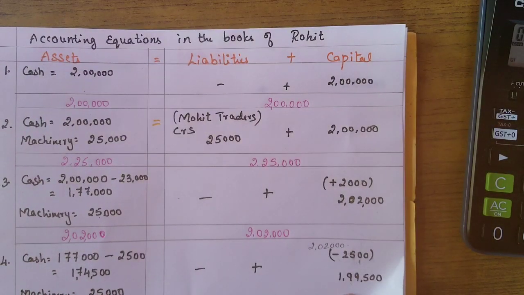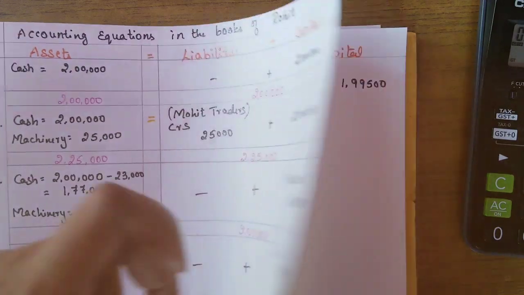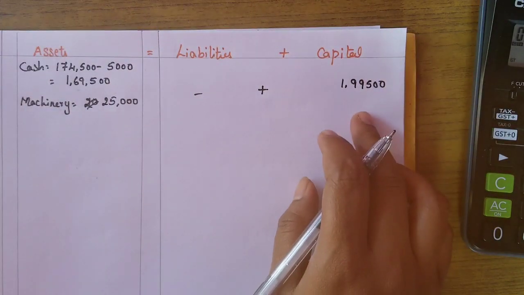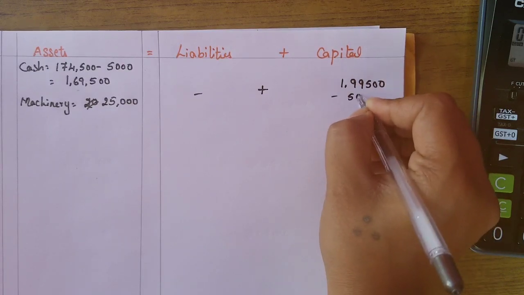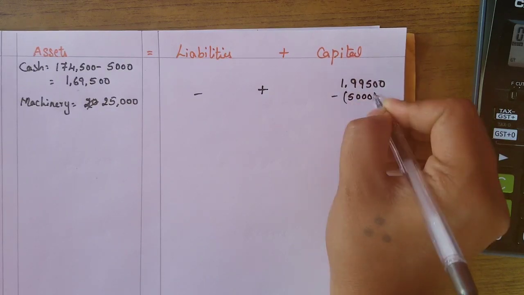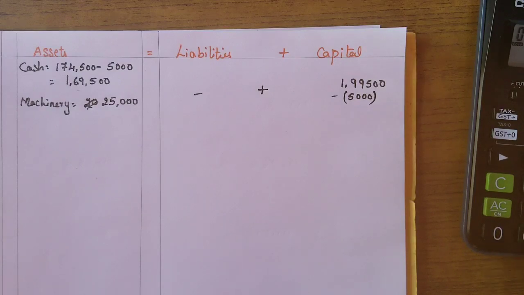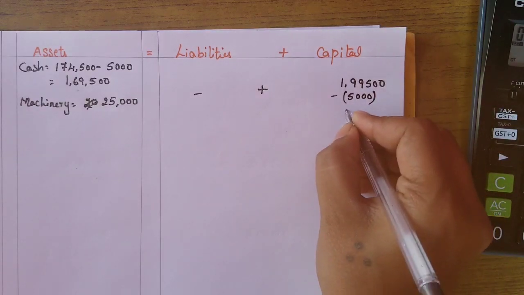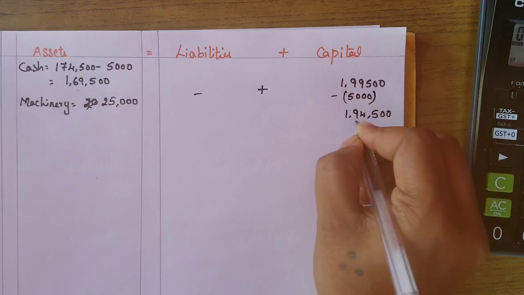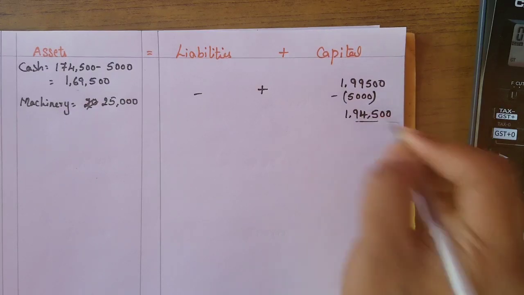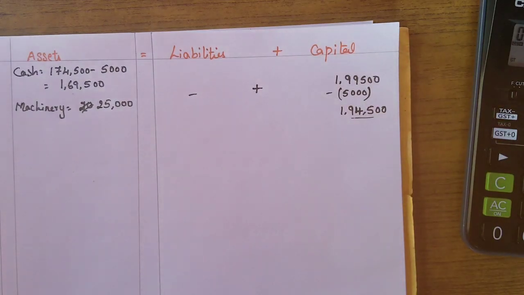With this we have to deduct the 5,000 rent. 1,99,500 minus 5,000. You will be getting 1,94,500 as the remaining capital balance.